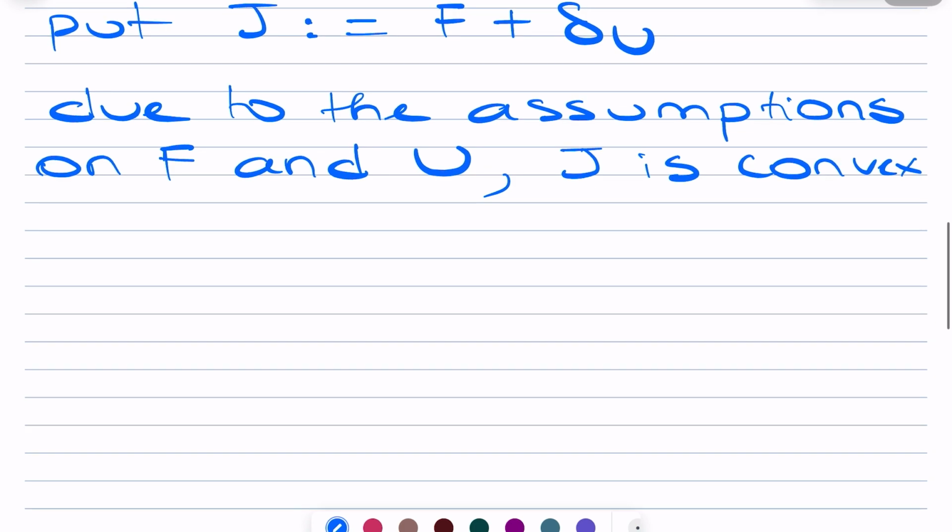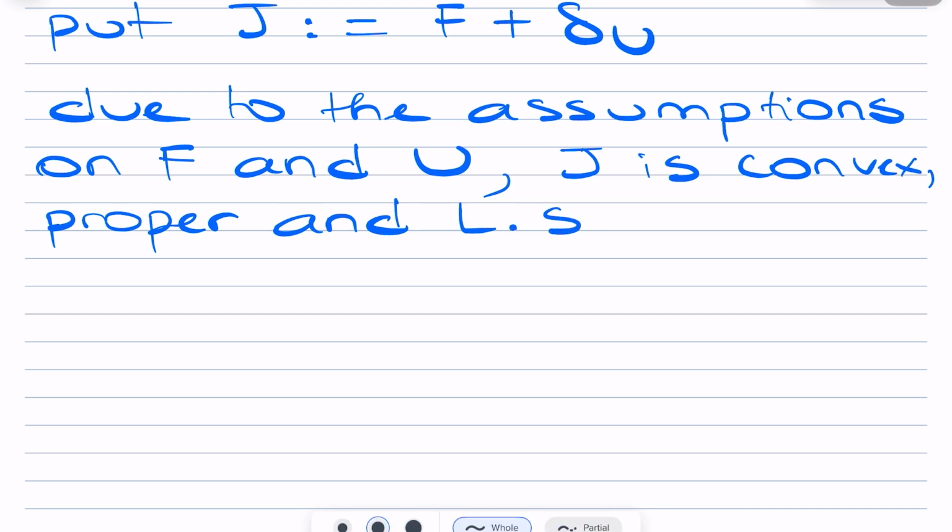It's convex, proper, and lower semicontinuous. I mean, LSC stands for lower semicontinuity.